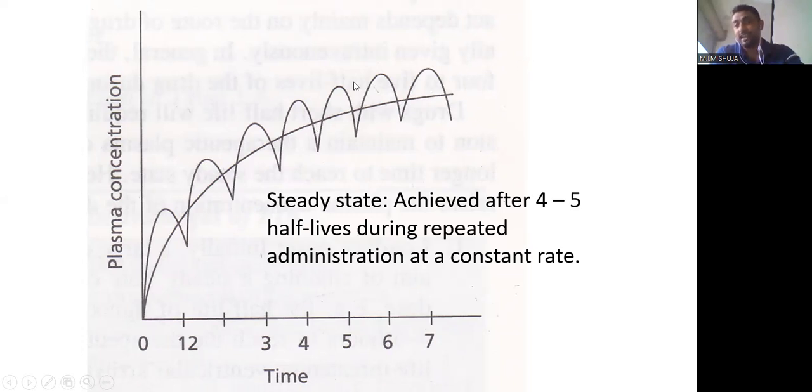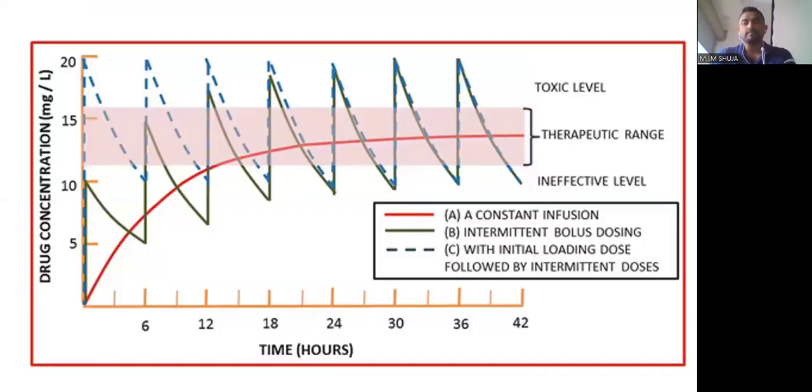Okay. At this time, the amount you administered and the amount that gets metabolized are the same. Okay. This is how you get the steady state concentration. Hope you understood. So this is a kind of explanation.